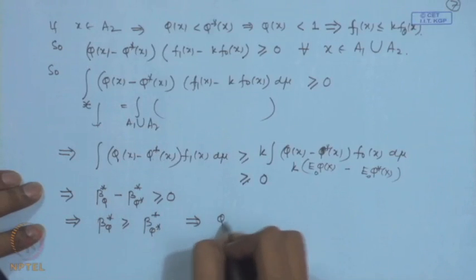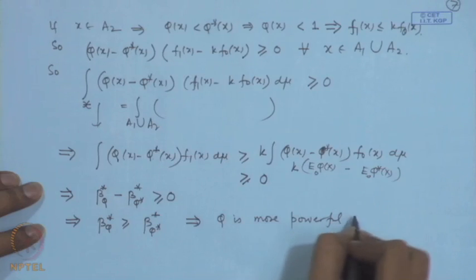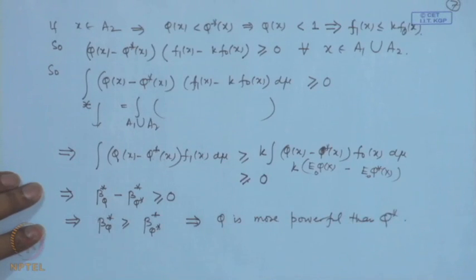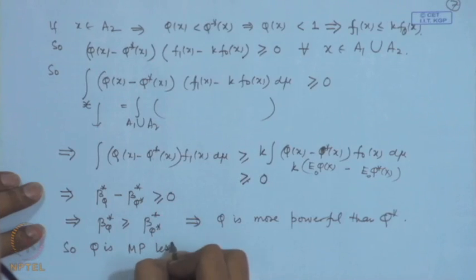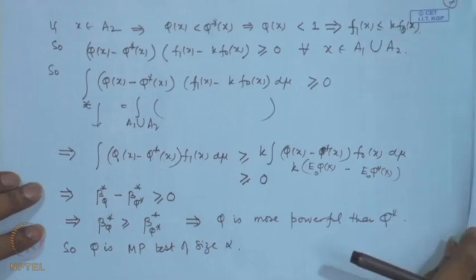So, this means phi is more powerful than phi star. Now, phi star was an arbitrarily chosen test with size alpha. We had assumed expectation of phi star less than or equal to alpha. So, phi is most powerful test of size alpha. Now, let us prove the converse part of this here.